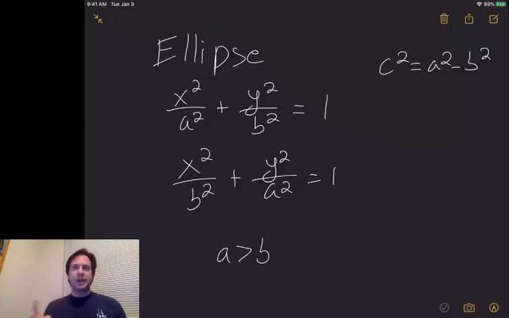So whichever of those values in the denominator is larger, we'll generally consider that to be a. c is the letter we're going to use to represent where the foci are. And to calculate c, you're going to take a squared minus b squared and set that equal to c squared. So you should notice this is very similar to the Pythagorean theorem, except we're subtracting instead of adding.